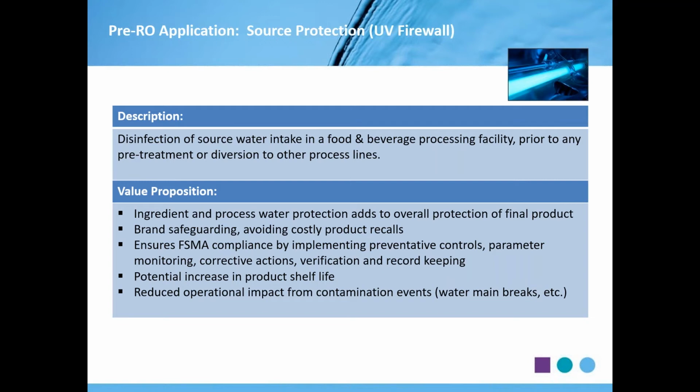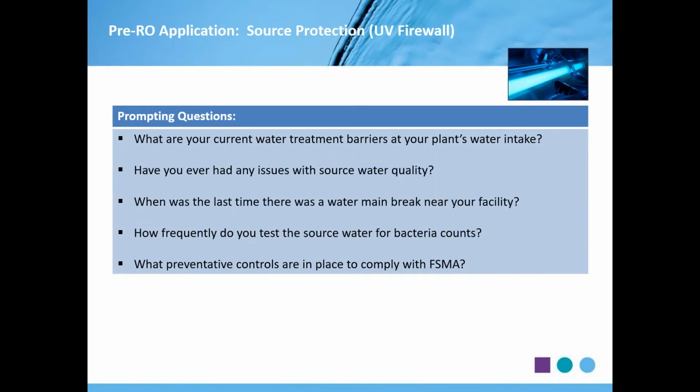So there's a lot of reasons why a plant might do that. There could be past issues with water quality being affected, whether it's a well or a municipal source, but there are several different factors why a plant might want to look at that source protection. So some things to ask yourself if that might be an application for you.